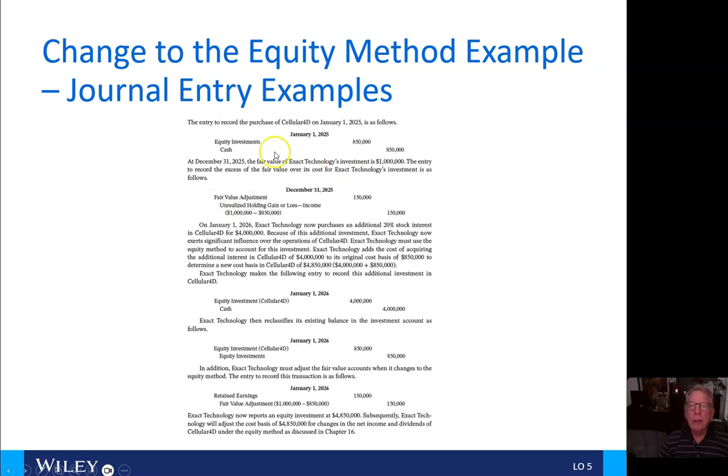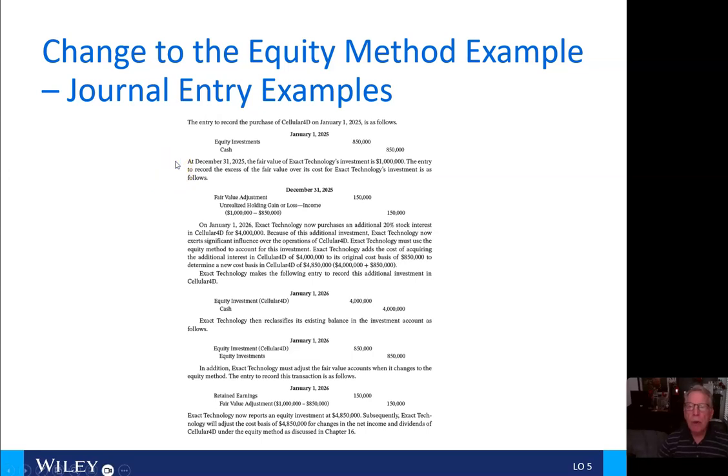So the journal entry to record the purchase of Cellular 4D on January 1, 2025: we debit equity investments for $850,000 and credit cash to pay for that $850,000.